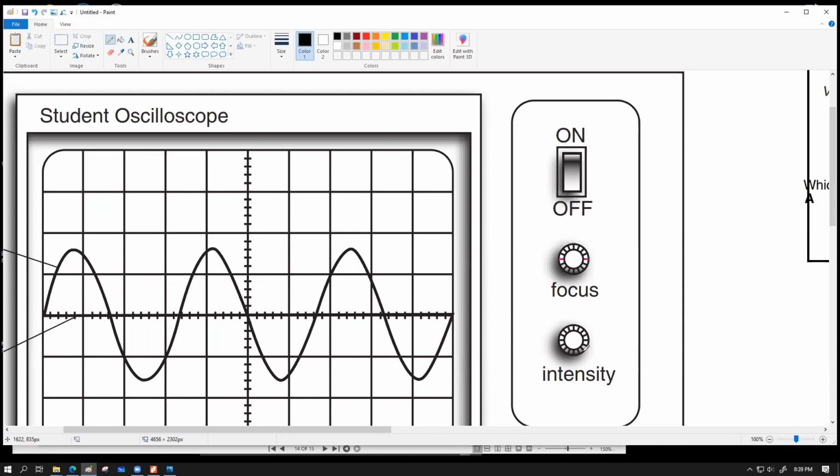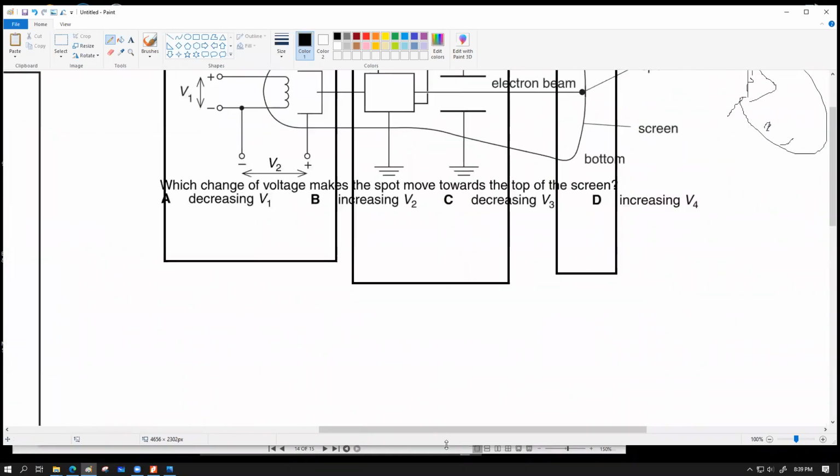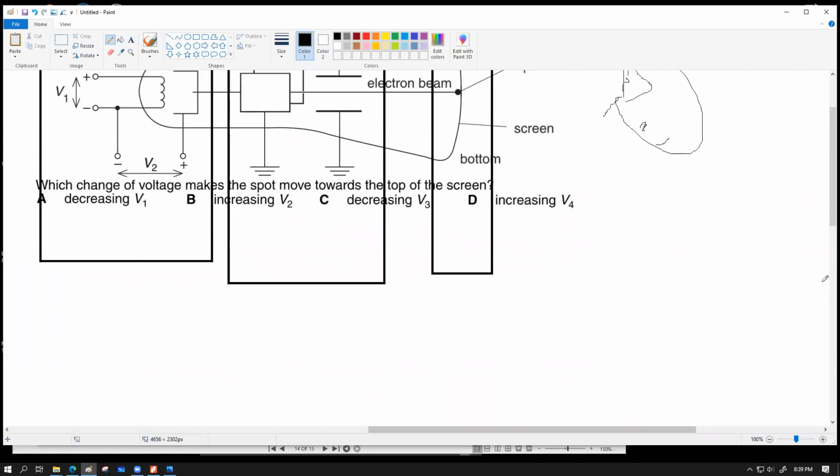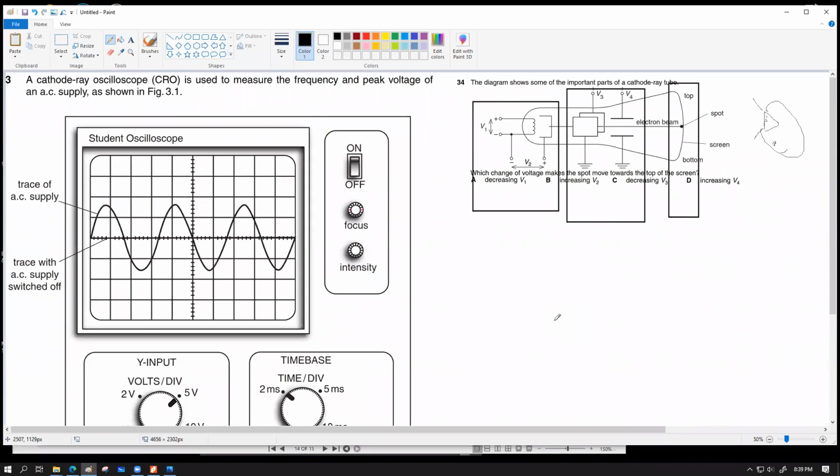Now, v square is the speed. In this right figure, which of these voltages do you think can actually physically affect the speed of the electrons?